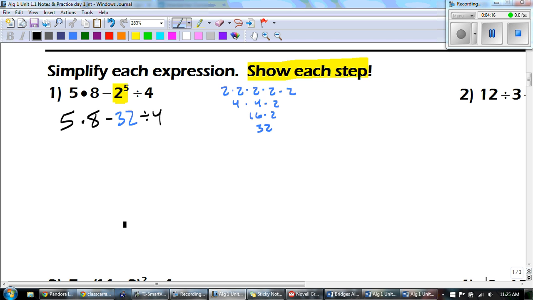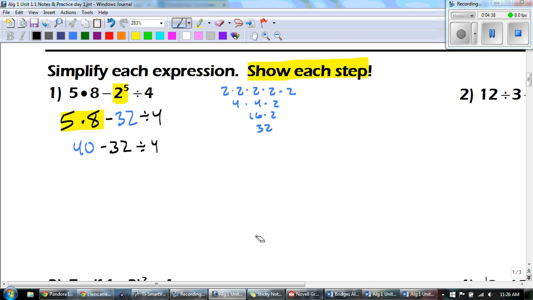divided by 4. Now we've taken care of exponents. I see multiplication, subtraction, and division. What I need to do first is multiplication, because from left to right, that is what I see. 5 times 8 is 40. And that's the only thing that changes.